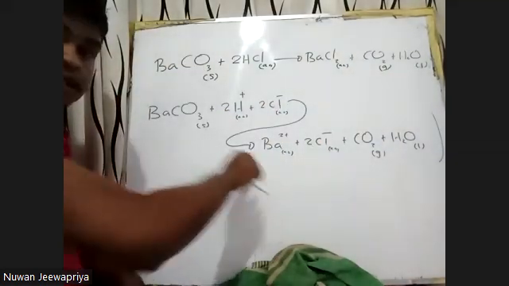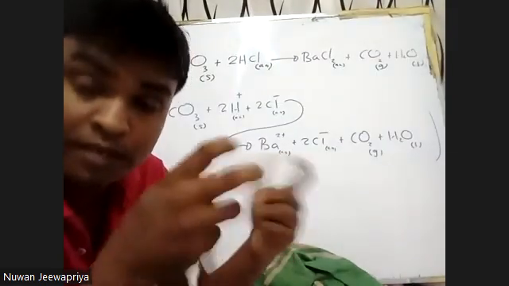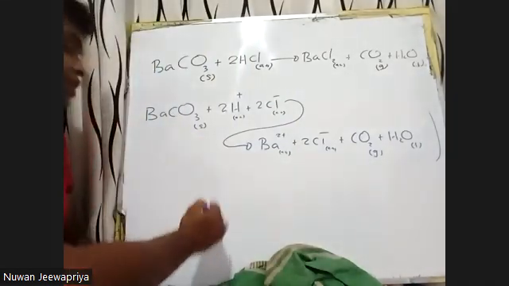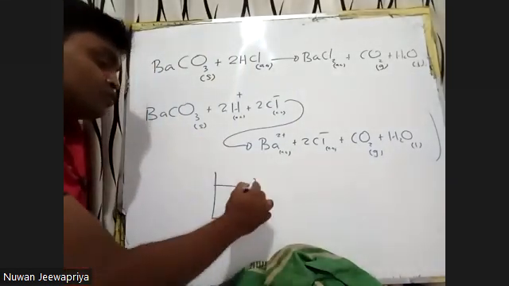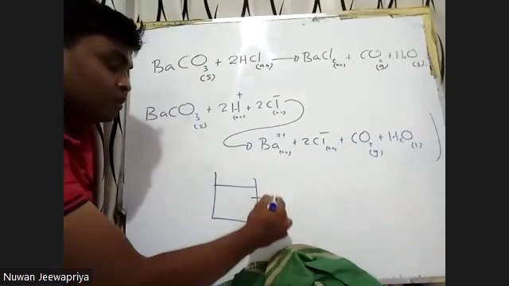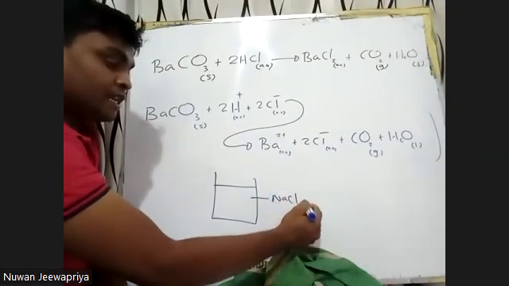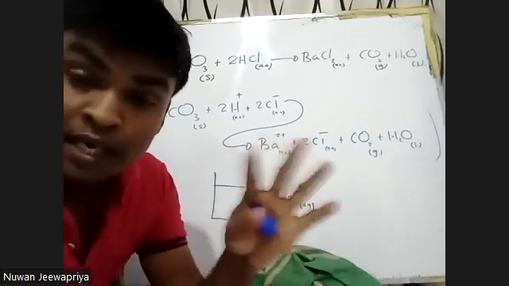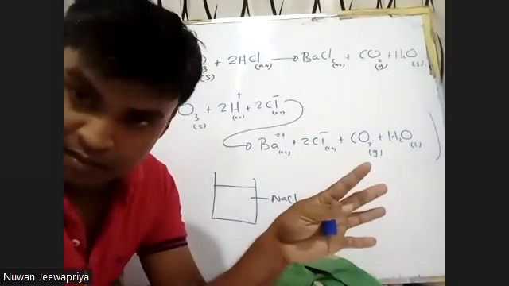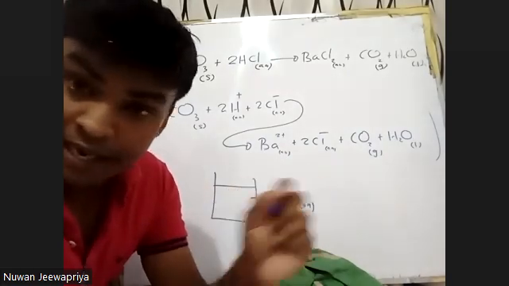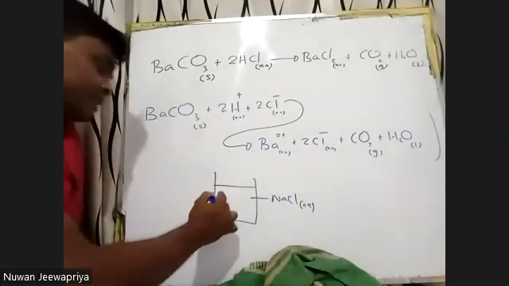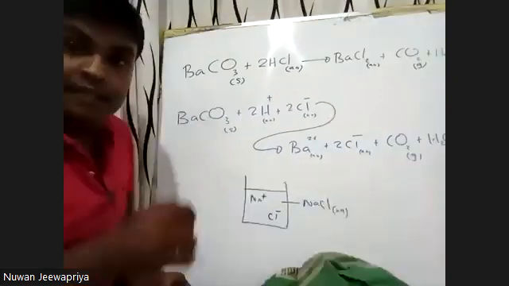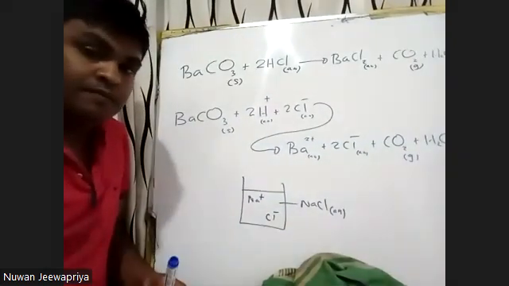Now, why do I always separate the aqueous things? In an aqueous solution of sodium chloride, there is no longer NaCl together. They always separate into Na plus and Cl minus. That is the meaning of dissolve.